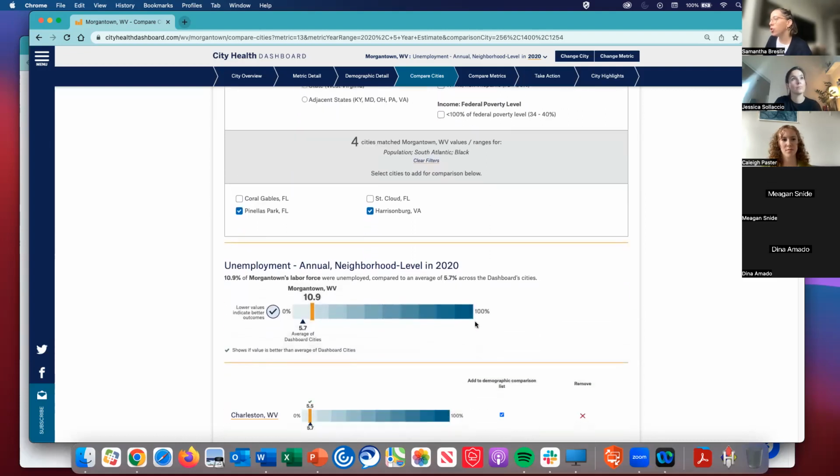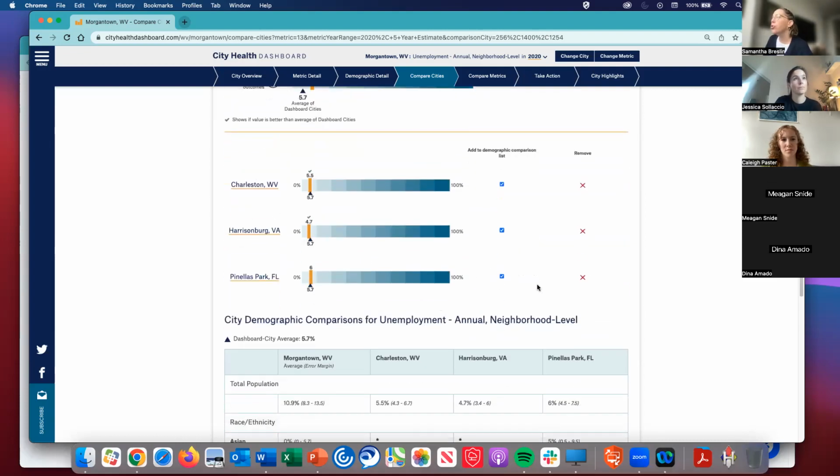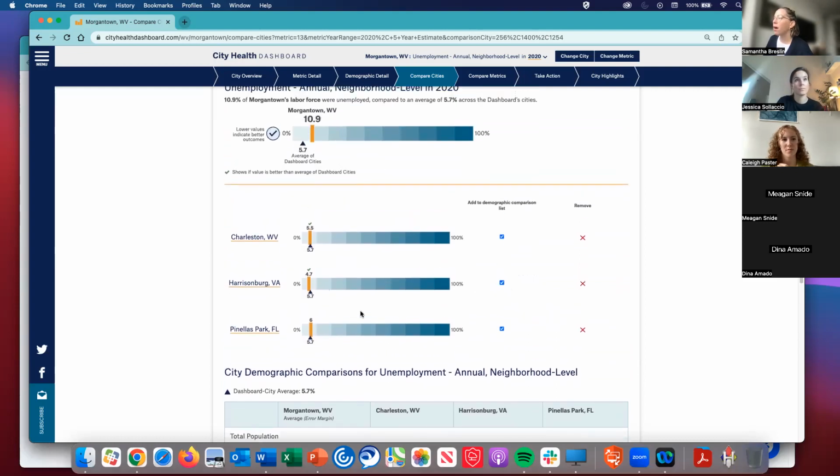And as I click into each of those cities, they too will be brought down underneath Charleston, and we can compare their performance to Morgantown. And again, just like Charleston, these 2 cities, which have very similar makeups, are in similar regions, similar population sizes to Morgantown. Their unemployment rates are much better than what's happening in Morgantown.